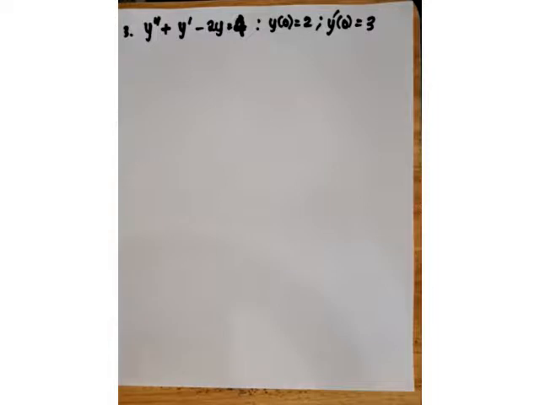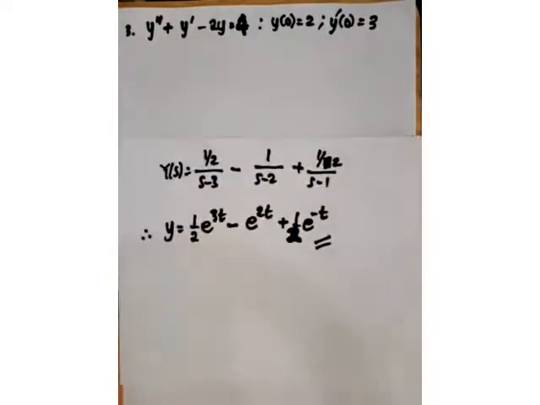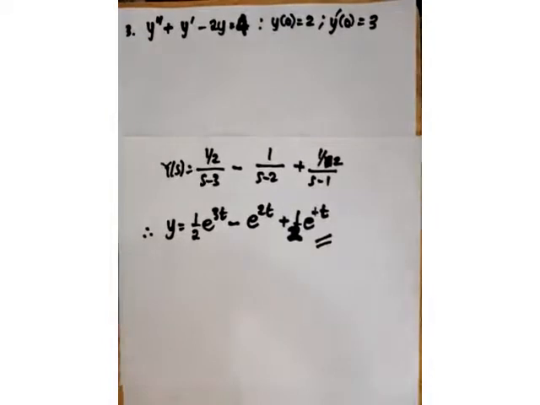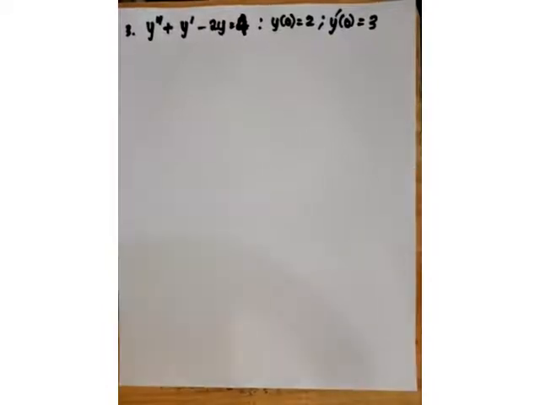Positive T. May mali ba? Okay. So, it should be positive T, no? Ayan, positive T. Tama. Yes. Sige, salamat. So, let's proceed to our next example.